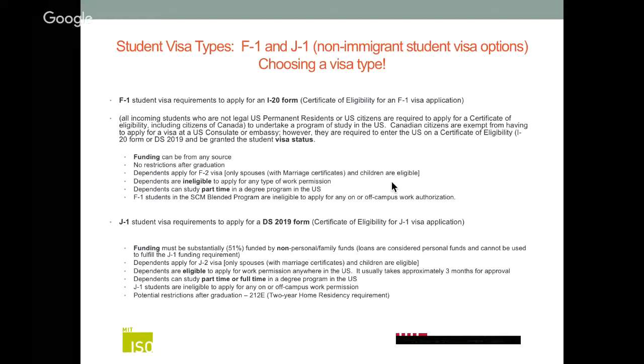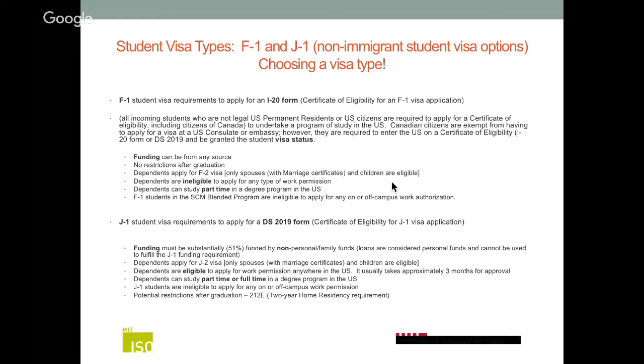The J1 visa is more restrictive. First of all, in order to apply for the DS 2019 form, that is the document you need to apply for the visa from the embassy, the US Embassy or a consulate, the funding must come from a source that's not personal or family funds.